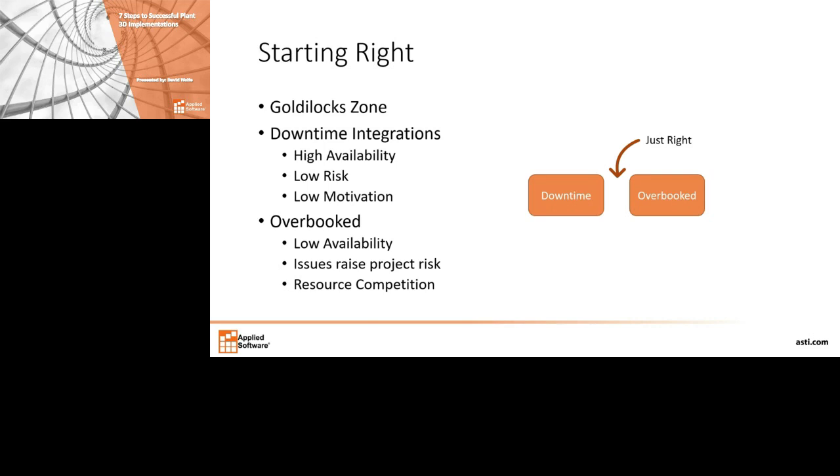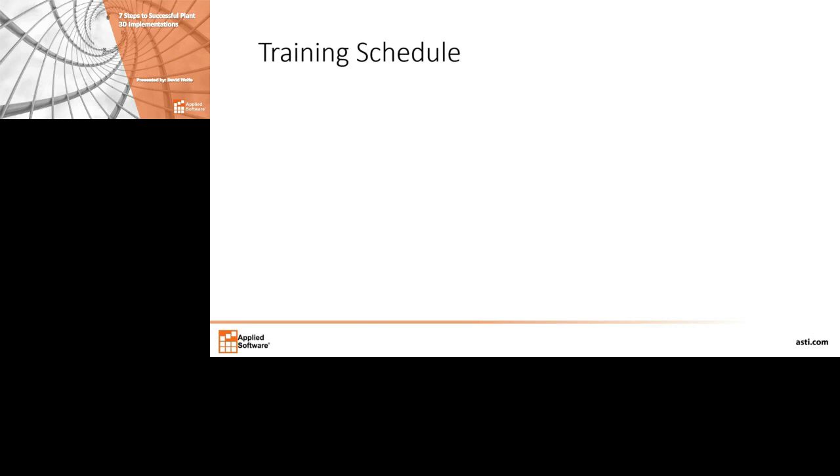So you do want to try to gauge when is a good medium level of busyness to start your Plant 3D implementation. Obviously, in a lot of cases, if you're coming from 2D or other software packages, the cost savings can be enough that it doesn't matter when you do it. But you still want to be aware of the issues that you might run into and understand what you're getting into before you actually get into it.